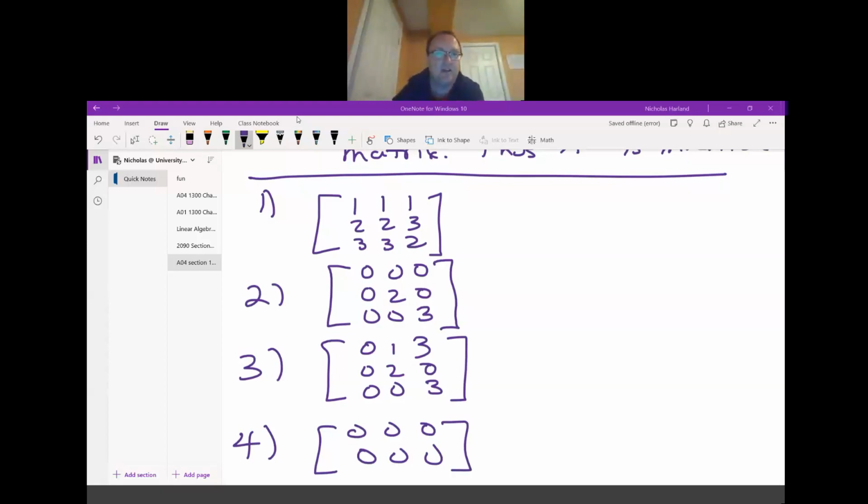All right, so let's take a look at one. Let's do all of these for symmetric. So, make ourselves a little bit of a table.